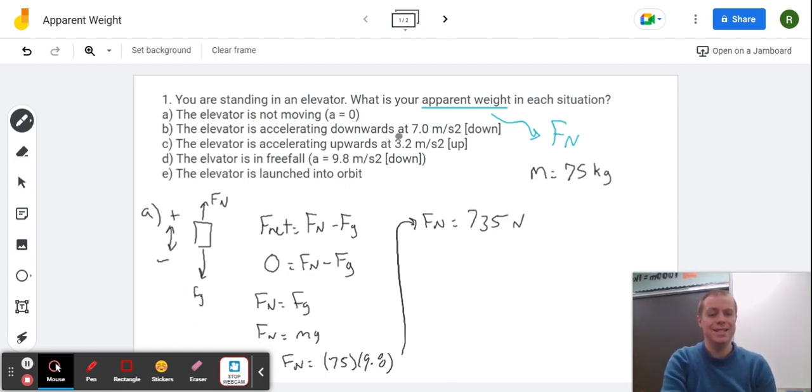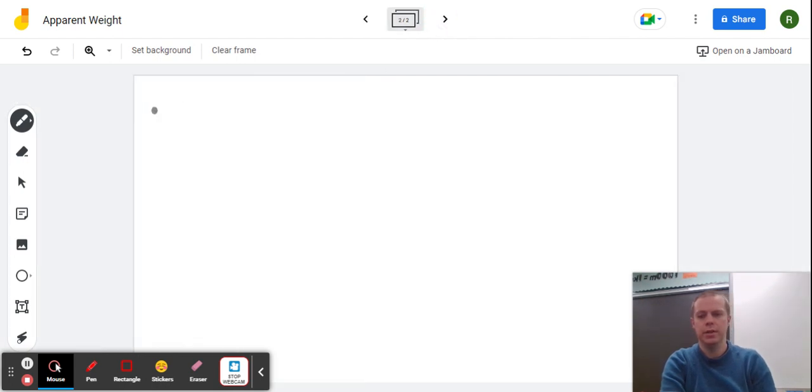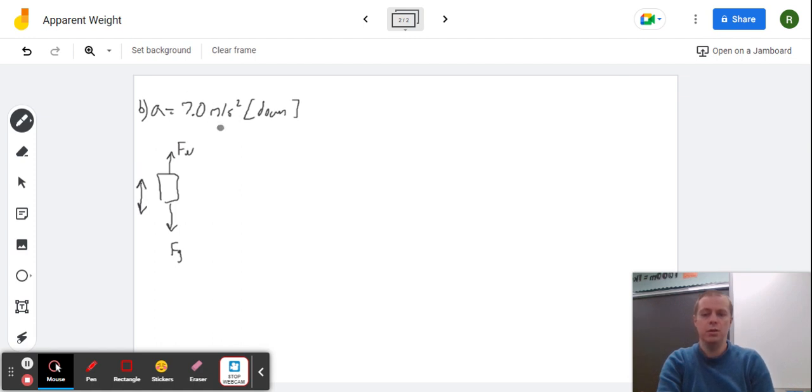The elevator is accelerating downwards at 7 meters per second squared. So part B, acceleration 7.0 meters per second squared down. This time we are accelerating downwards, so I'm going to assign force of gravity to be positive.